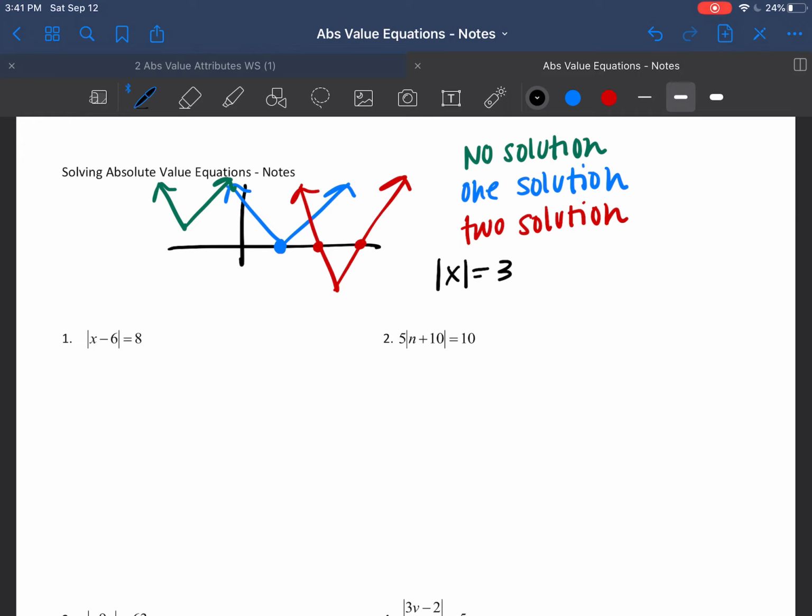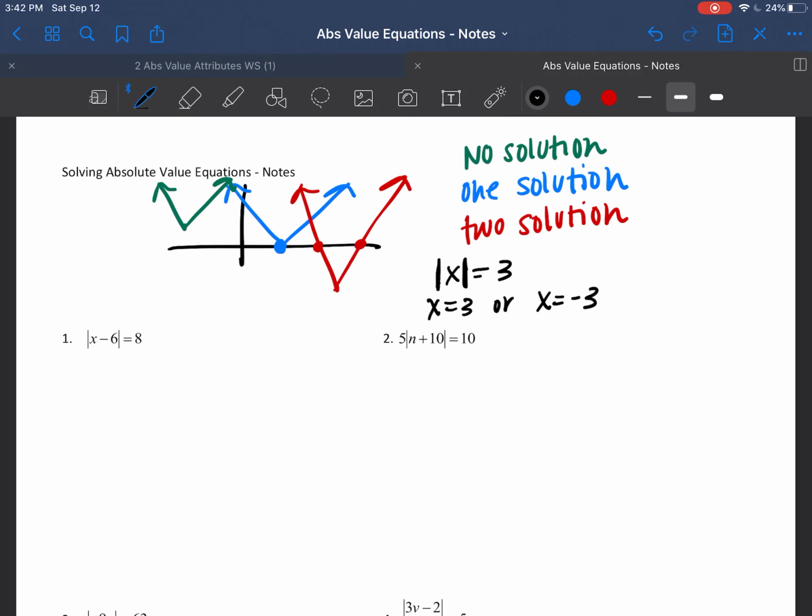And so the other thing I want to mention is if I were to tell you absolute value of x is 3, this would be a situation with two solutions. Because remember, absolute value measures distance from 0. So if I tell you the distance of some number x from 0 is 3, it could be 3 or -3. Both of those numbers have a distance of 3 from 0.